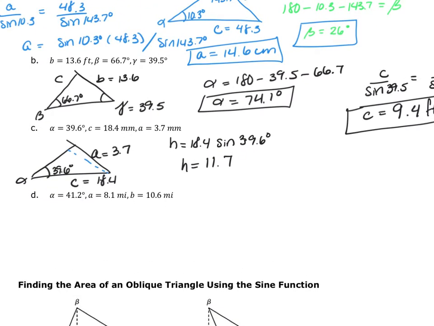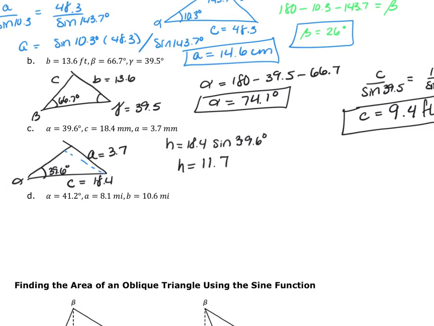Now what happens if I were to just jump right in without finding the H? I'm chasing an angle now, so I'd put my sines in the numerator. So I'd do the sine of 39.6 degrees divided by 3.7 is equal to the sine of gamma divided by C, which is the 18.4.